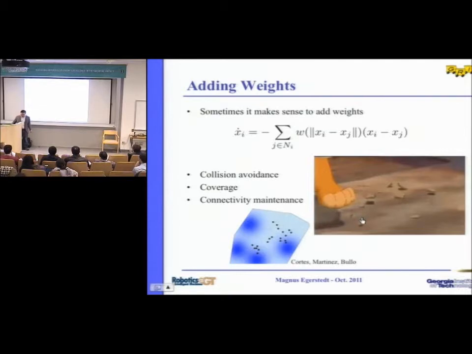The first one is, I think it's mid to late 1980s, done by Craig Reynolds, who's an animator who was working for The Lion King. And he had this problem of animating stampeding wildebeests, and he didn't want to handwrite them or hand draw them. So he came up with these rules that are now known as Reynolds boids. For aligning, you had to align with your neighbors, which is consensus on the heading.